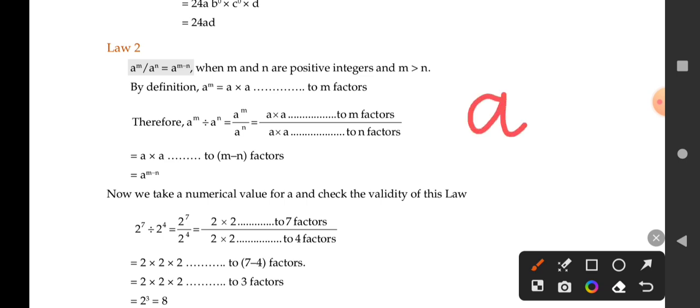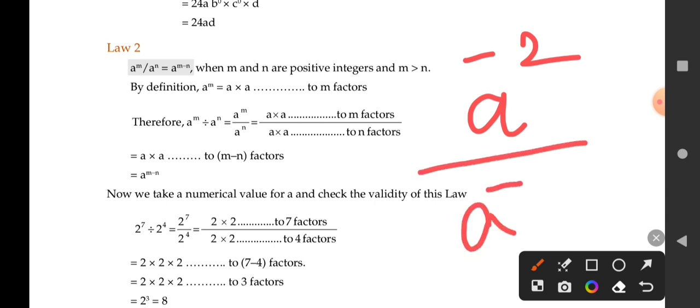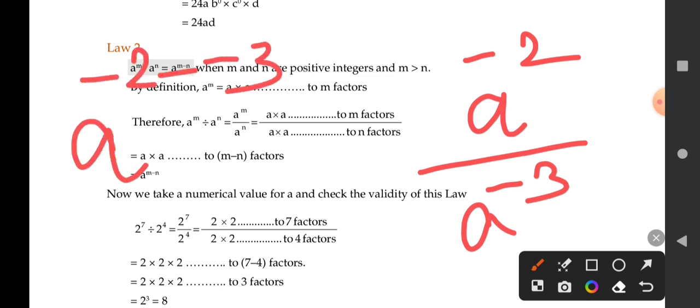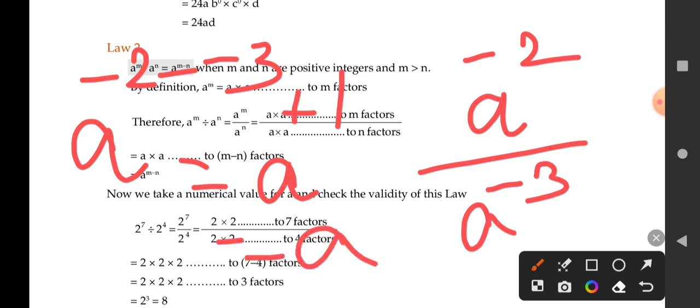Let's take an example. A power minus 2 divided by a power minus 3. So minus 2 is greater than minus 3. What do you get? A power minus 2 minus minus 3, which is equals to a power 1, which is equals to a. This is also right.